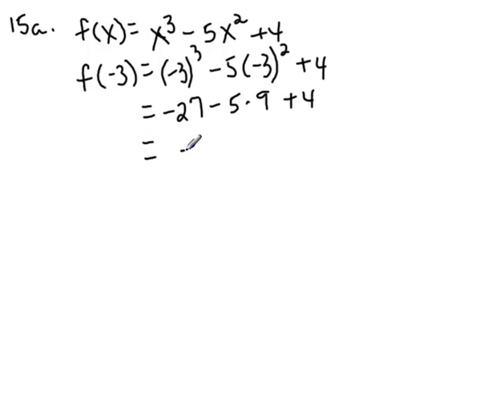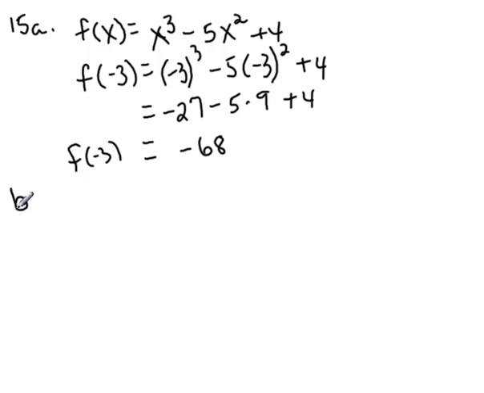And that gives me negative 68 when I complete that arithmetic. Okay, so f of negative 3 is equal to negative 68. If I plug negative 3 in for my x's, my y value, or the range of my function, is negative 68 at that domain value. Remember that x stands for domain, f of x or y stands for range.